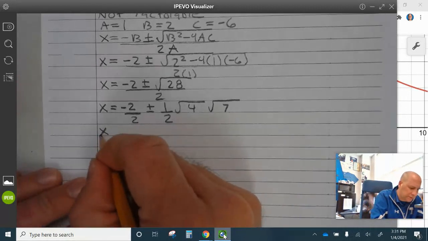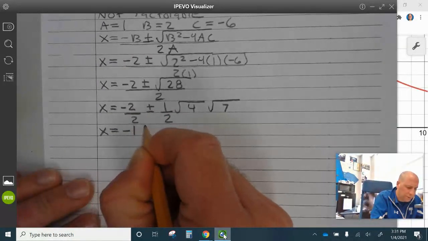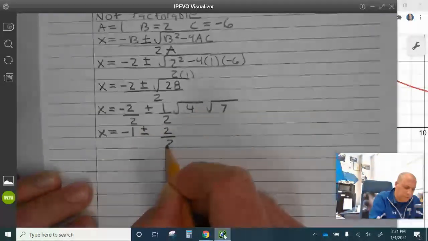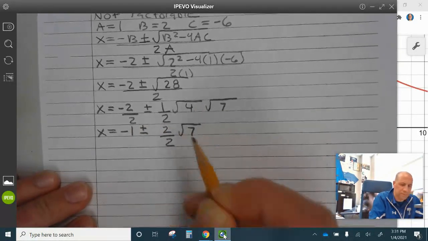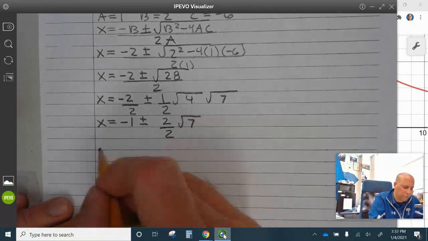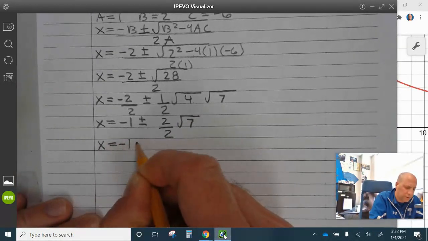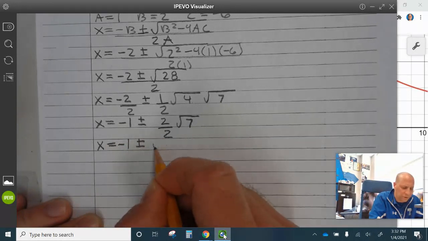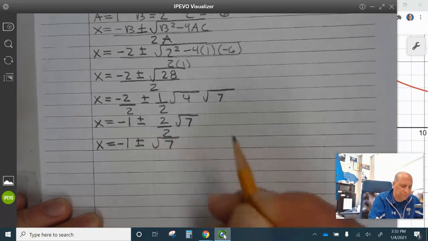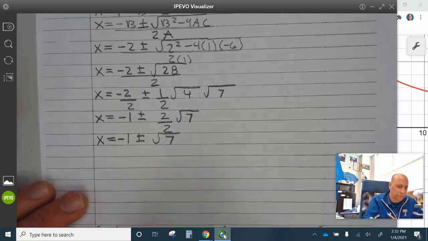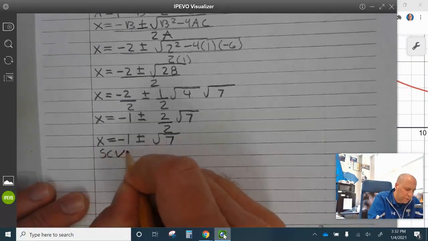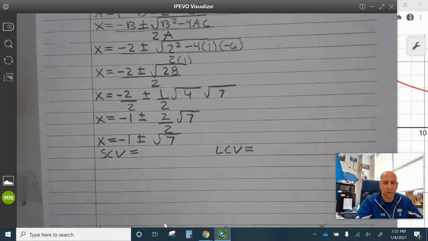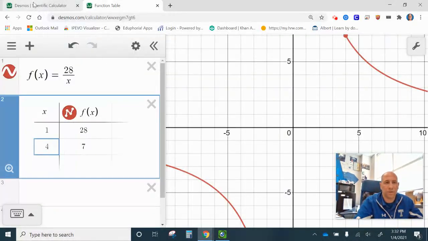Okay, so then x equals negative 1 plus or minus the square root of 4, which is 2, so that's 2 divided by 2 times the square root of 7. Well, 2 divided by 2 is 1, so x equals negative 1 plus or minus the square root of 7. All right, we need to figure out what the small critical value is and the large critical value. So let's plug those into Desmos.